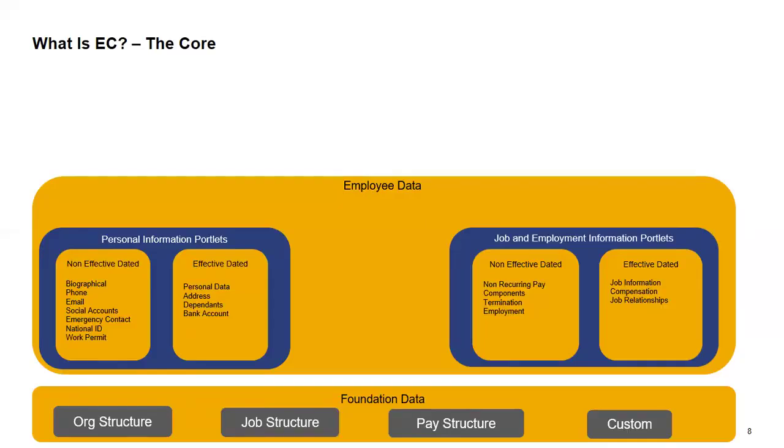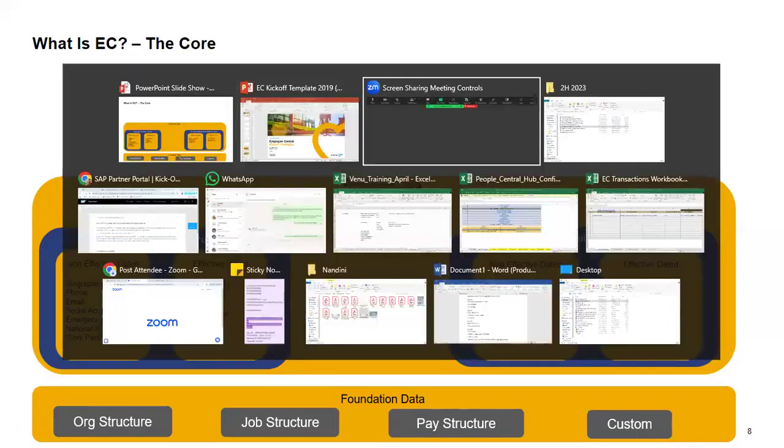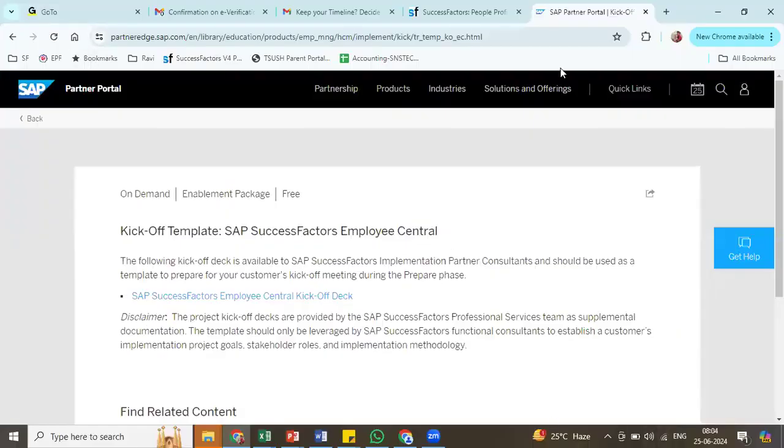We maintain the date of birth, country of birth. So, Venu, the difference between non-effective and effective dated is that we'll be giving the option to change in effective dated, and in non-effective dated, there will be no option to change, correct? You can change, but at any given point of time, you will have only one record.